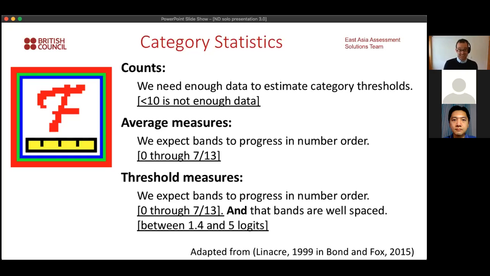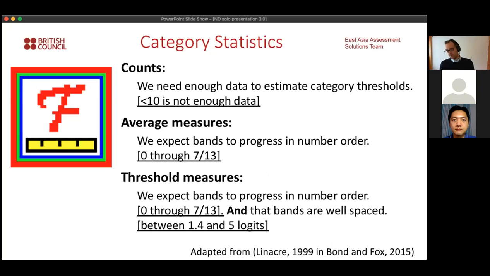If that number is less than 10, there's not enough data. Also, I'd like to talk about average measures. This is simply that we expect the band scores to go up in numerical order. 1, 2, 3, 4, 5, 6, 7, 8, 9, not 1, 2, 3, 5, 6, 9, 7, or whatever else.